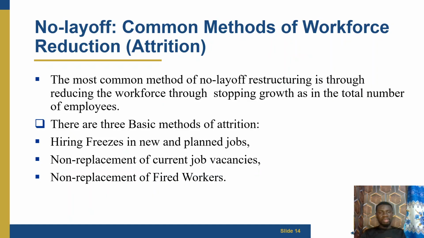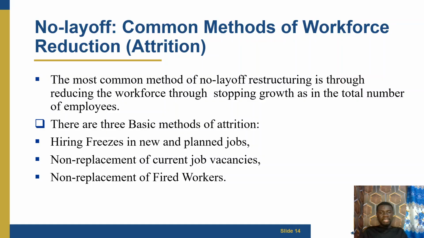Then the most common method of no layoff restructuring is reducing the workforce by stopping the growth in the total number of employees. So there are three basic methods of attrition. That is hiring freezes in new and planned jobs, non-replacement of job vacancies, and non-replacement of fired workers.